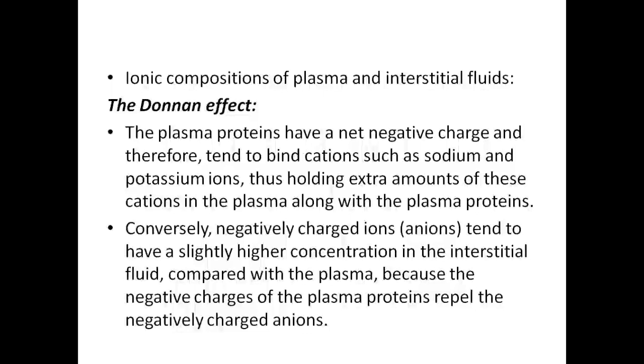But it will also repel anions, because it is negatively charged. So any negatively charged ions, for instance chloride ions, will tend to be repelled out by this plasma protein. So this is the Donnan effect, which describes the effect of plasma protein on anions and cations.